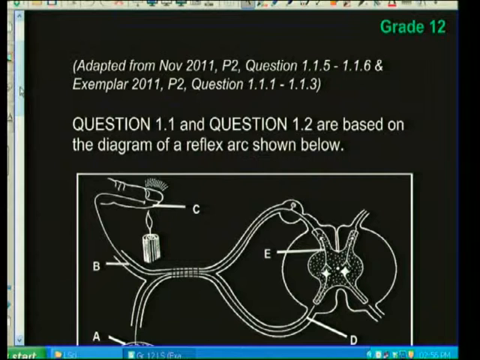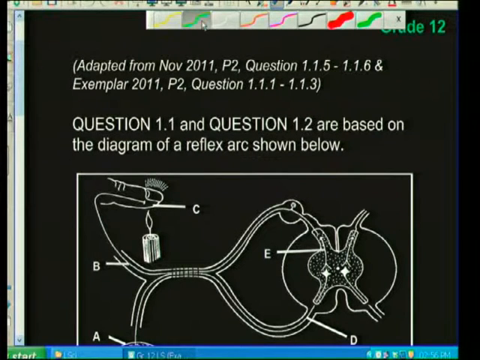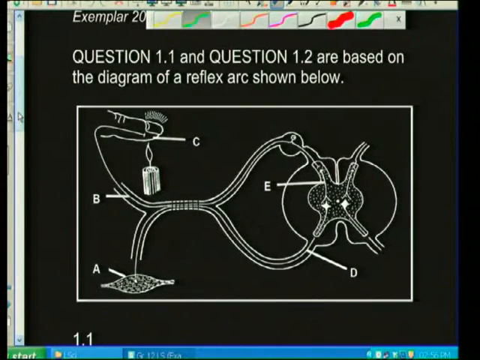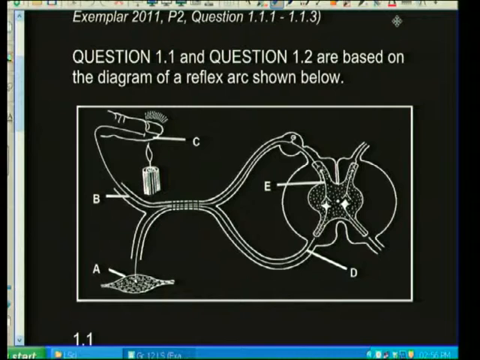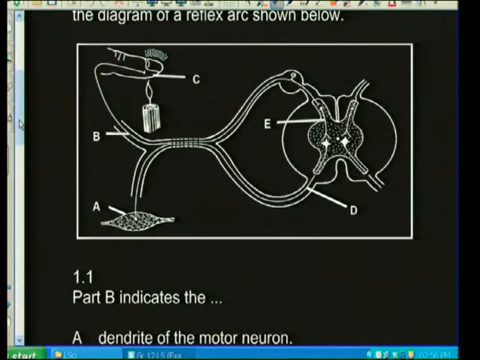So let's look at these questions which we've adapted from November 2011, and we've also taken from the Exemplar 2011, paper 2. Question 1 and question 2 are based on the diagram of a reflex arc shown below. First of all, guys, a diagram like this can be used for your revision on the section of reflex arc, reflex action.